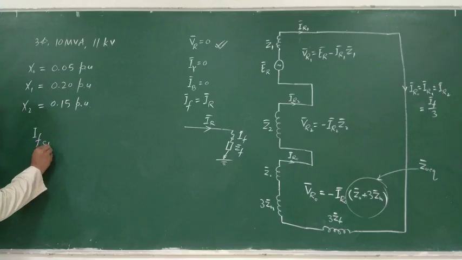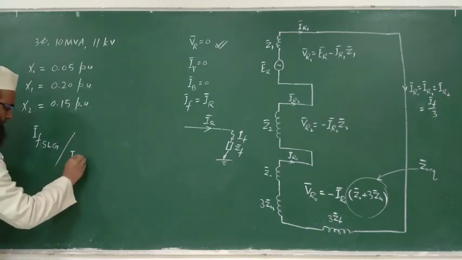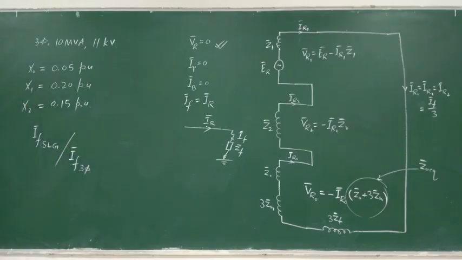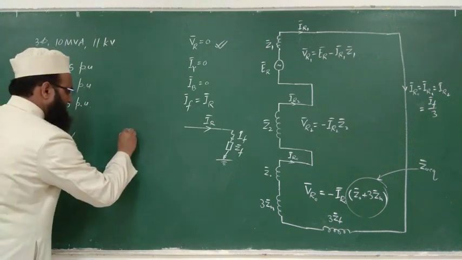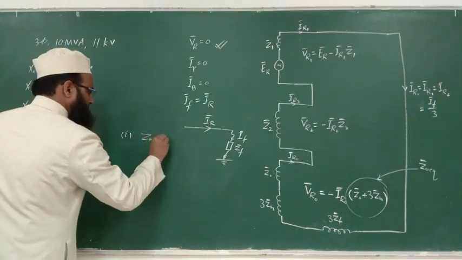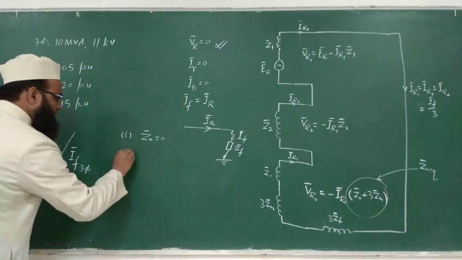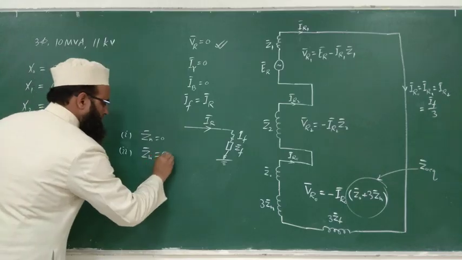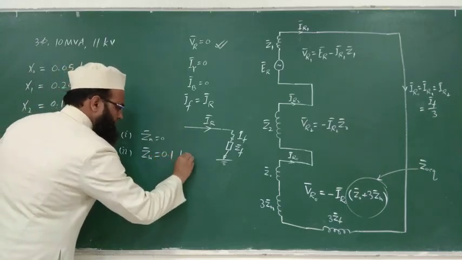Find the ratio of fault currents for single line to ground fault to 3-phase fault, taking two conditions. Condition number 1, neutral is solidly grounded. Case second, when neutral is grounded through Zn equal to 0.1 per unit.